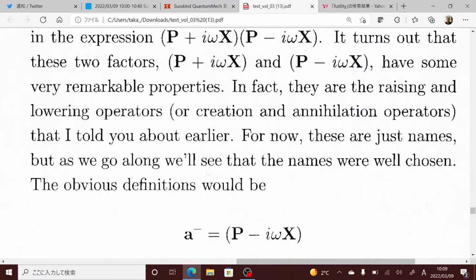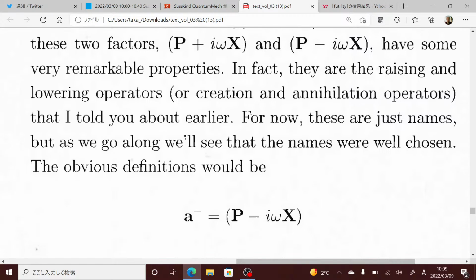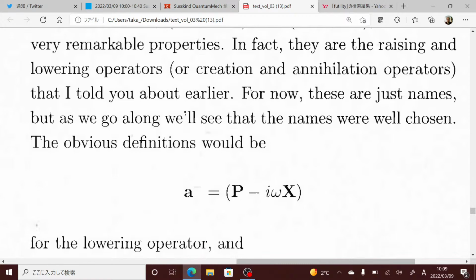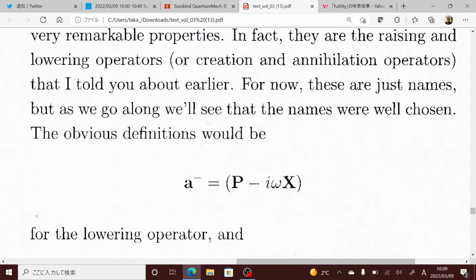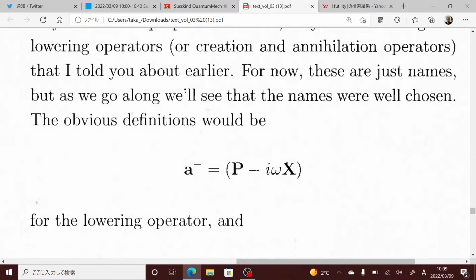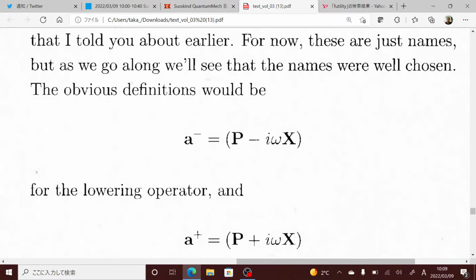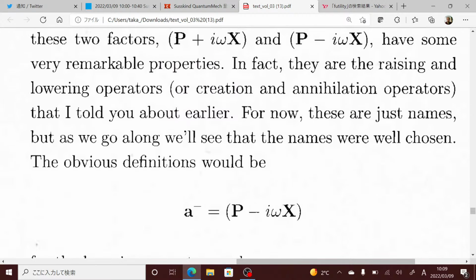In fact, they are the raising and lowering operators, or creation and annihilation operators, that I told you about earlier. For now, these are just names, but as we go along, we will see that the names were well chosen. The obvious definitions would be A minus.